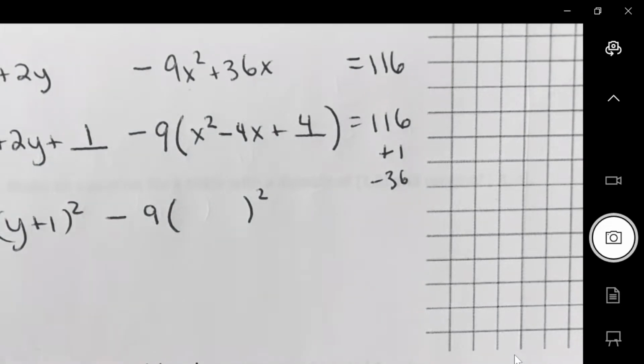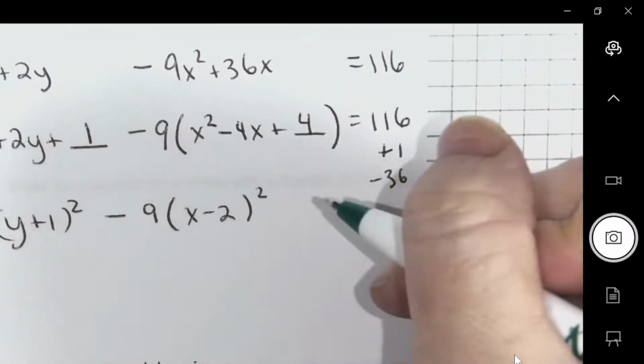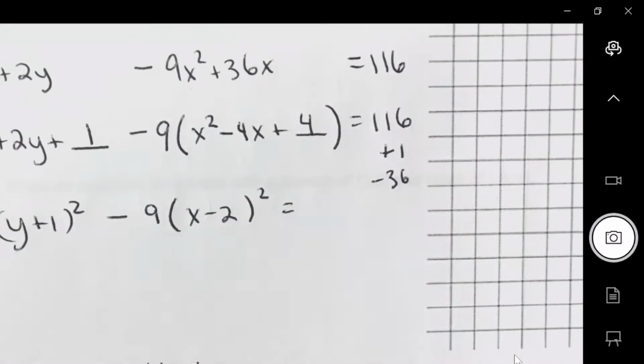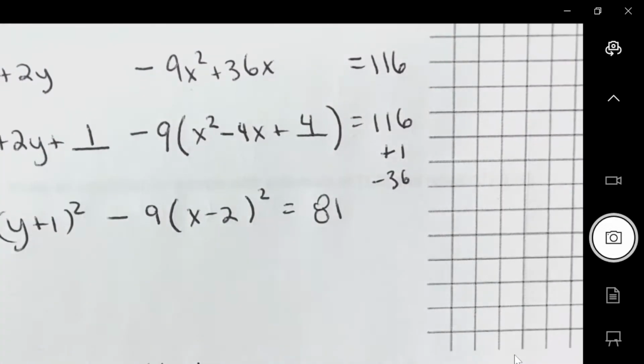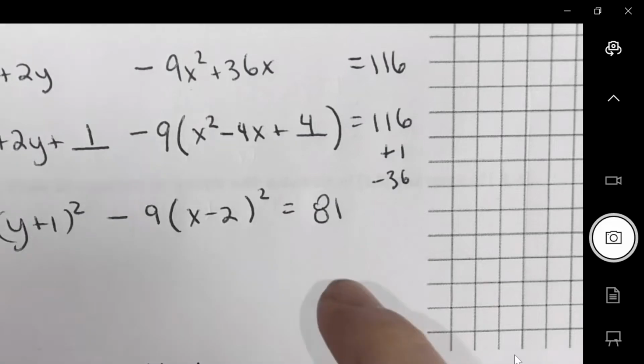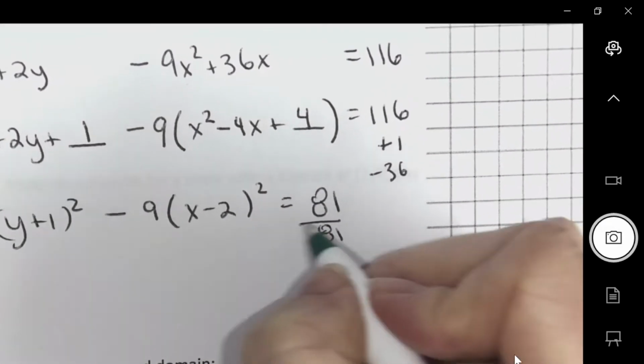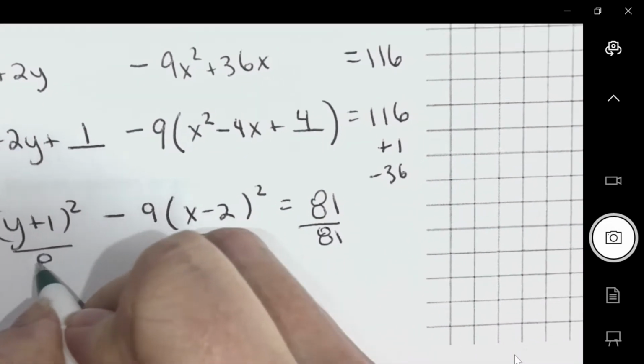And this bracket will be x minus 2 squared. And what do we got there? 81. Okay, now I need this to equal 1. So I'm going to divide by 81.